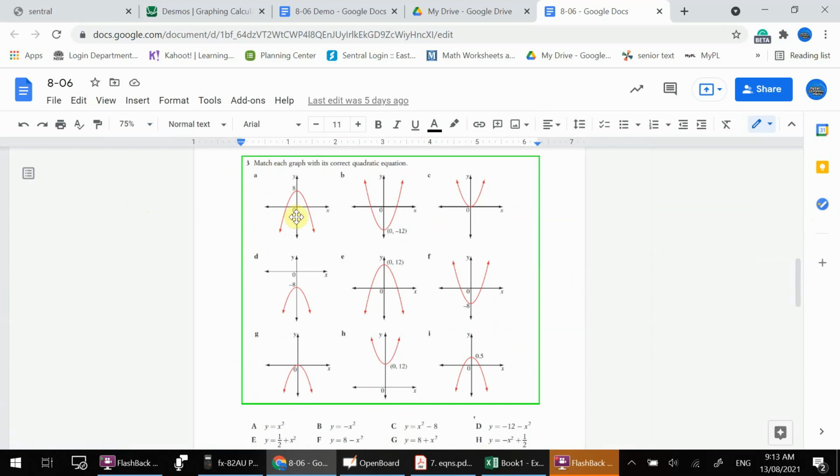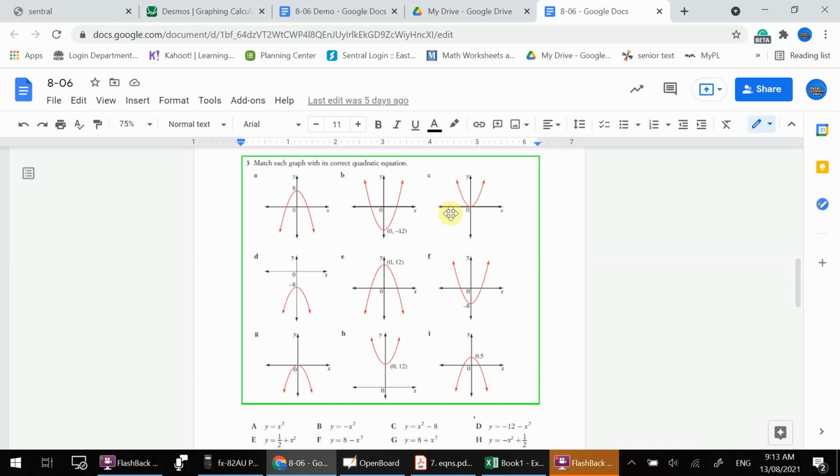And this one here, remember, if it's facing concave up, like a smile, then it's going to be y equals x squared plus something. So that one, that one, that one, that one. Those four of them. They're going to be y equals x squared plus something.